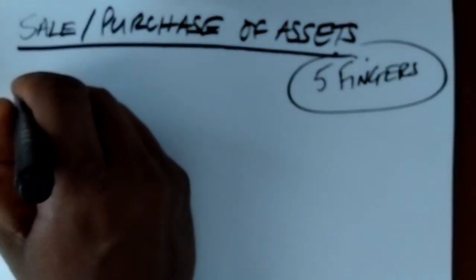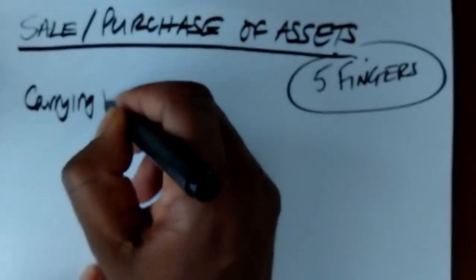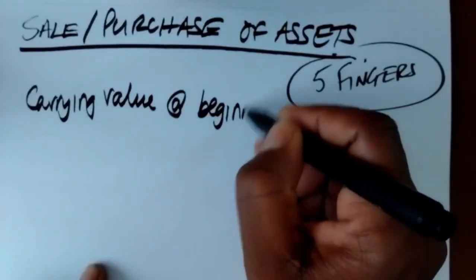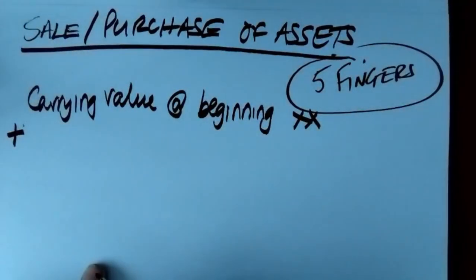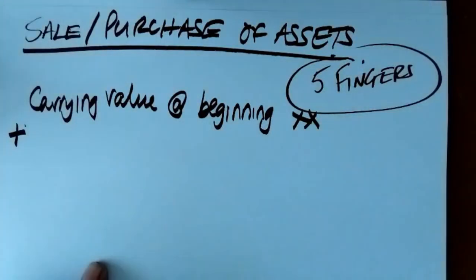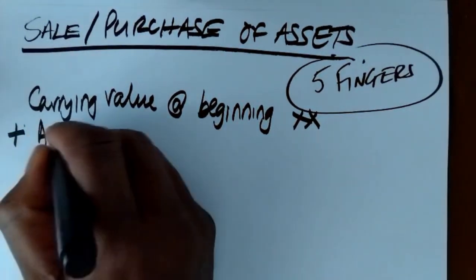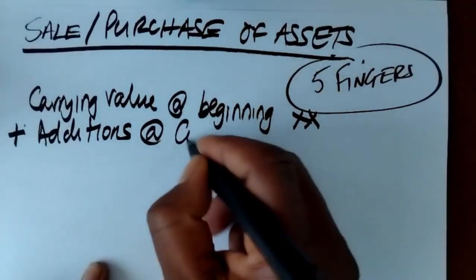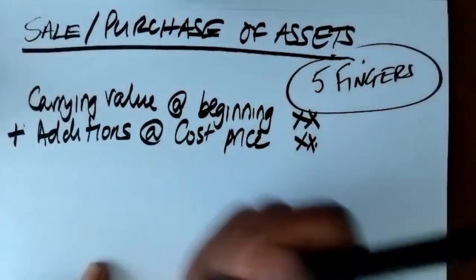You're saying carrying value at the beginning of the year, plus, that's finger number 1, carrying value at the beginning of the year. Finger number 2, plus additions at cost price. Additions at cost price, that's finger number 2.